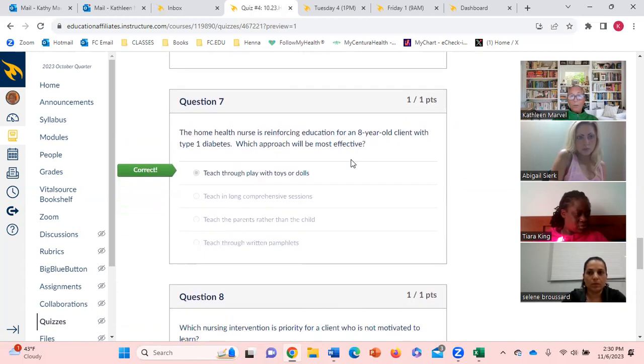The home health nurse is reinforcing education for an 8-year-old client with diabetes. Which approach would be most effective? This one, teach with toys. Did anybody select anything other than A? 8-year-olds can't handle long comprehensive sessions. We don't want to just teach the parents and exclude the child, because the child has to be part of that.